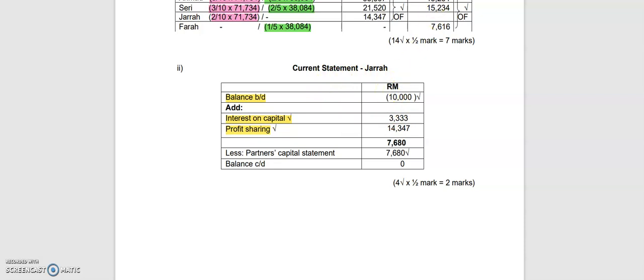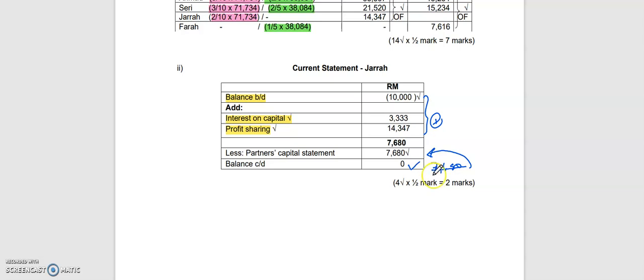So based on the calculation, assuming she's not leaving, she will have a balance of 7,680 ringgit. But since Jarrah is leaving, we have to close the account and this amount will be transferred to where? Partner's capital statement.